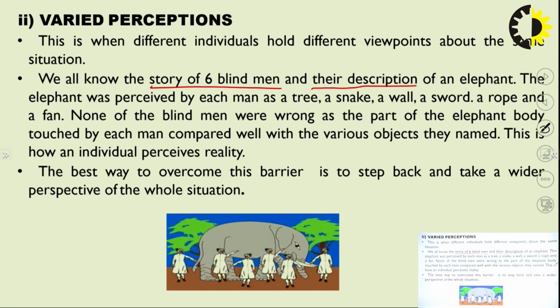This is how an individual perceives reality. The best way to overcome this barrier is to step back and take a wider perspective of the whole situation. So individuals perceive situations in different ways. It is the basic tendency of people to interpret others and perceive them in a different way.